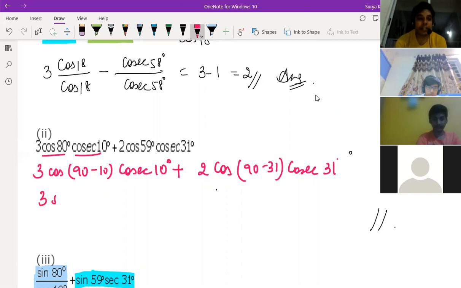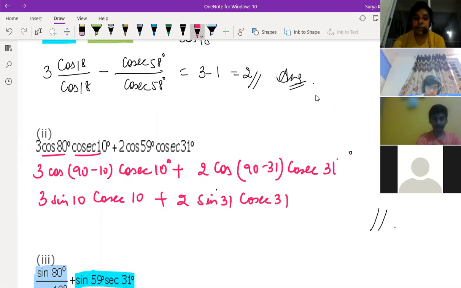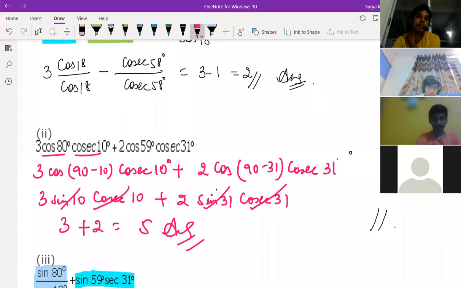So 3 sin 10 cosec 10 plus 2 cos(90 minus theta) is sec theta. Cosec is sine only, no? Sin 31 cosec 31. So this is reciprocal. Sine and cosec are reciprocal, so it will get cancelled. We'll get the answer as 3 plus 2, that is 5. Is it clear to everyone, children? Is it clear to everyone?